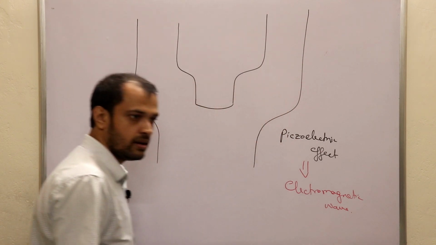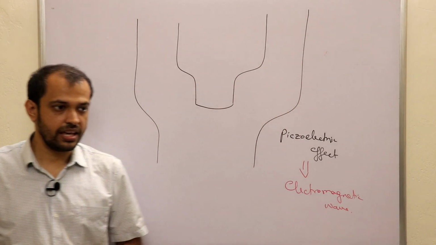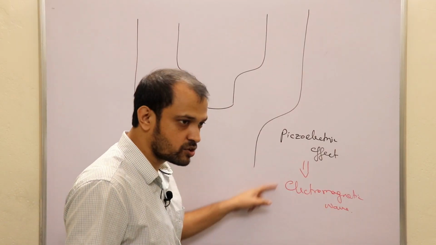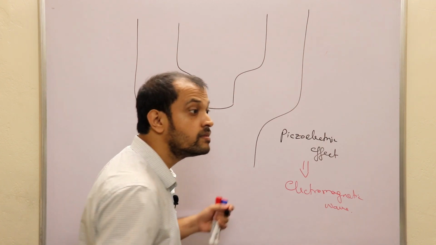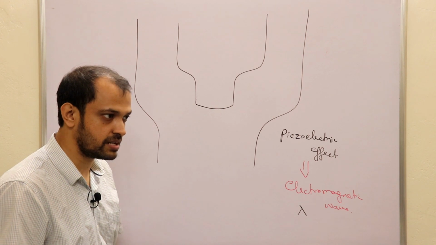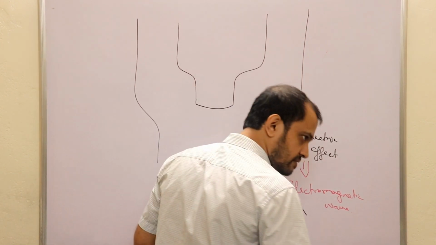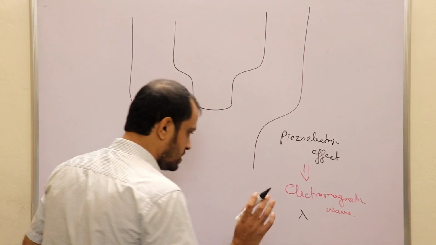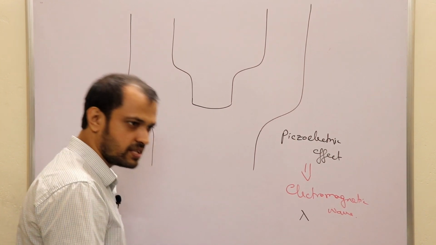Every electromagnetic wave has its own lambda. Lambda means wavelength. Now listen, why am I saying this?